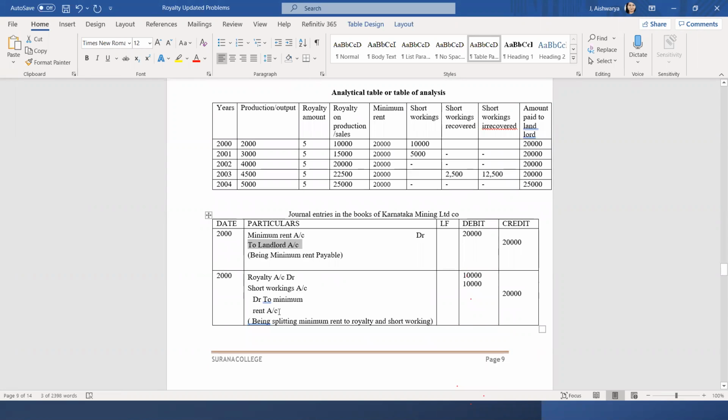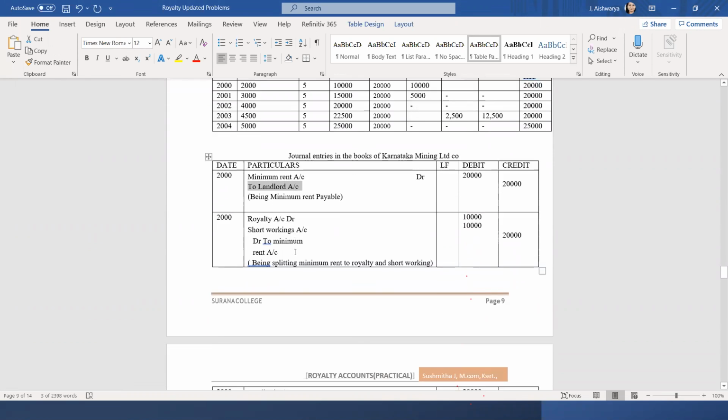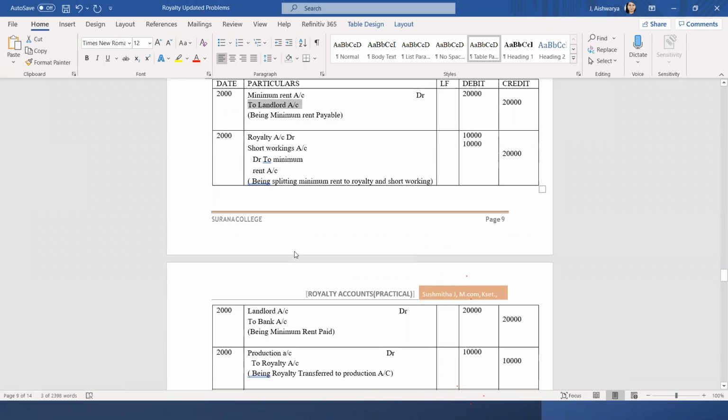Is there any other entry which is related to minimum rent account? Just look into it. Yes, ma'am, it's there. That is two, minimum rent. Okay, one second.